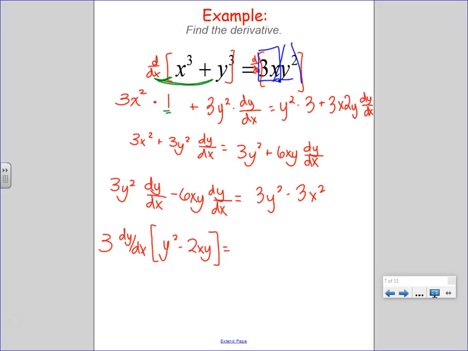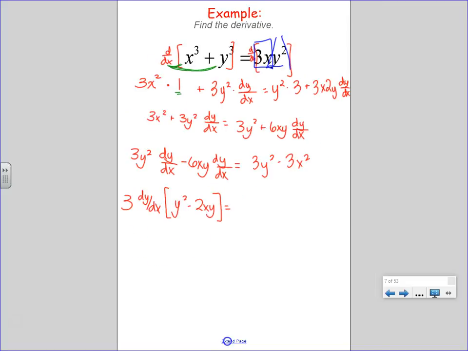Now what can we do on the other side, technically? Since we're pulling out stuff, we may as well pull out the 3 over here too. What happens with those 3's? If you divide, they just reduce to 1. 1 times anything is itself, so in essence, it seems like they disappear. And then if I want to get dy dx alone, divide.